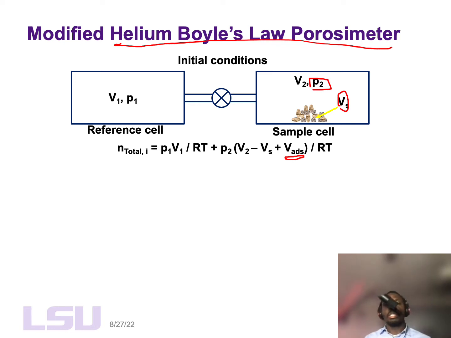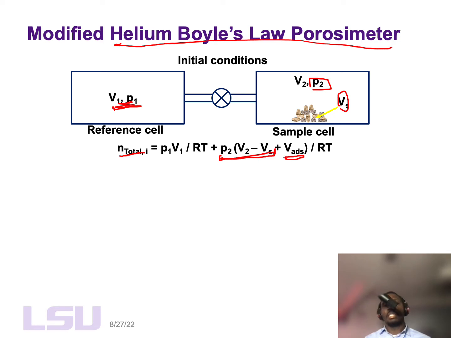So we use the same ideal gas equation. The total number of moles will be all of the moles in reference cell plus, we already had this from helium porosimeter, right?